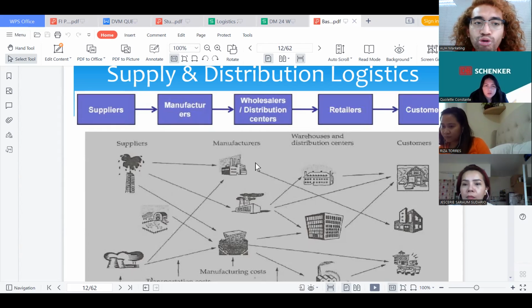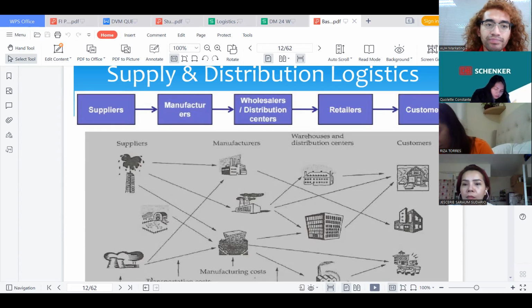I want you to interrelate, discuss, and define. Look at page 12 now. Define, discuss, and interrelate, with a minimum of 250 words.